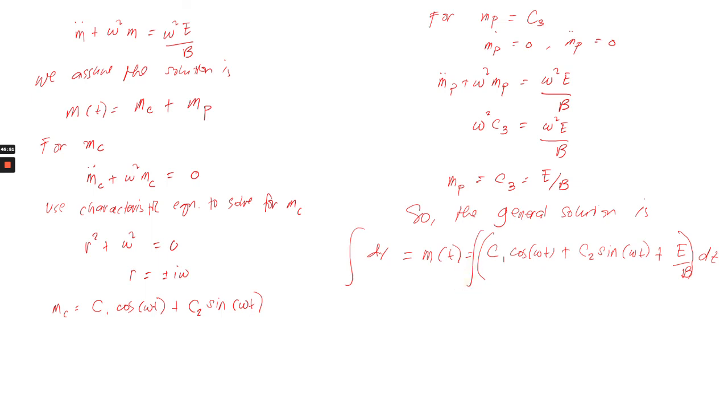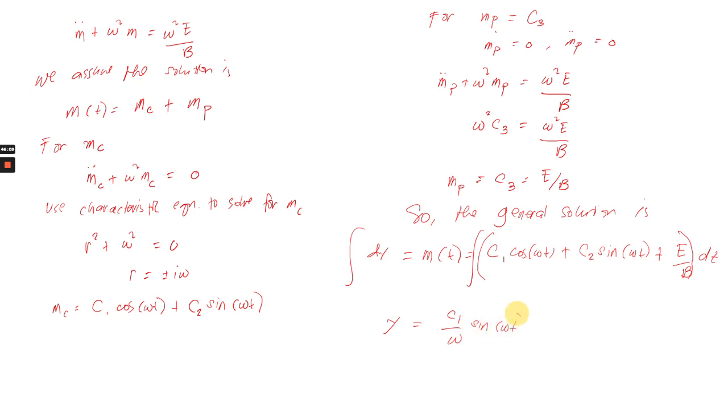This becomes y equals, so the integral of cosine is negative, right? Negative sign. That would be c1, oh, that's a positive sign, I mean, over omega sine omega t.